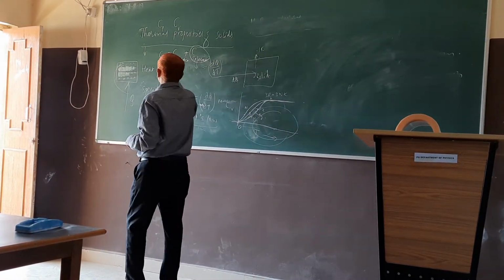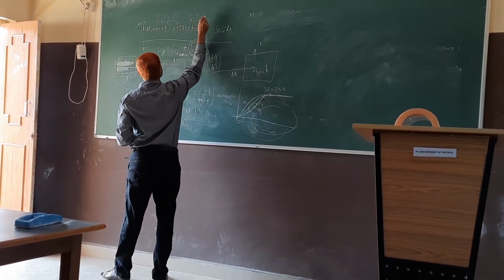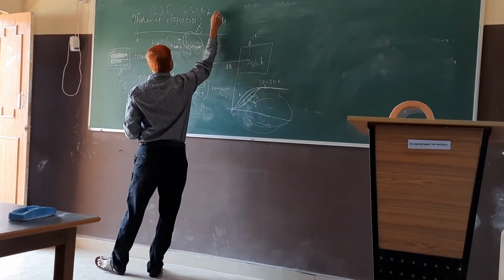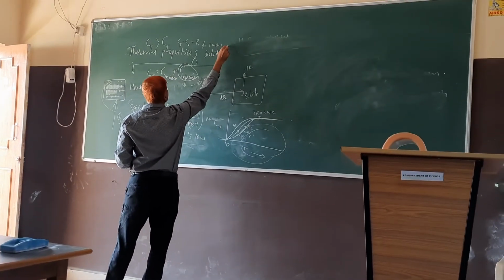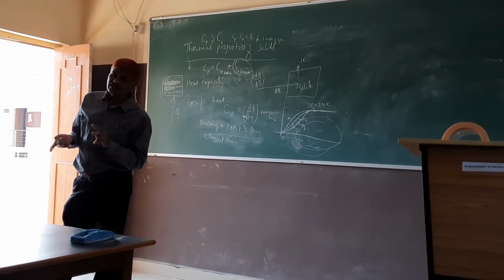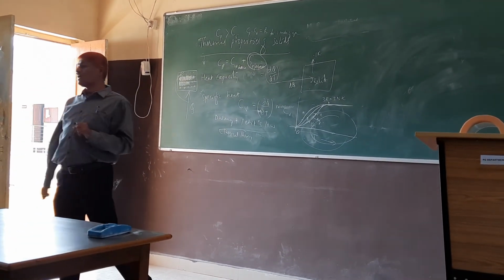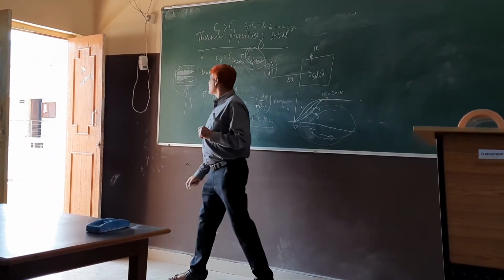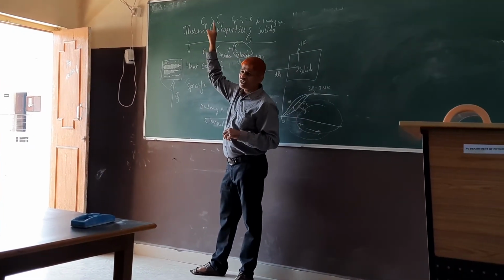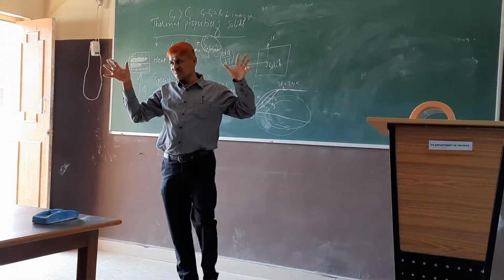And Cp is always greater than Cv, and Cp minus Cv is equal to R for 1 mole of gas. But we have done that already in gas class. If you do that for solids also, Cp is slightly more than Cv, right? But there is not much change in the pressure.